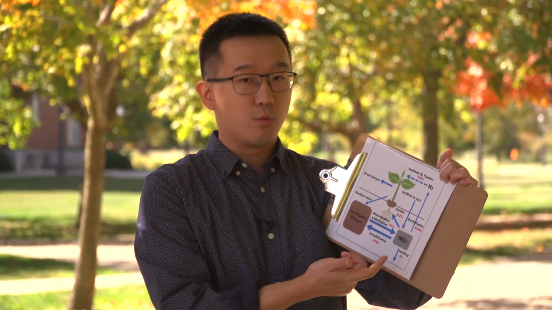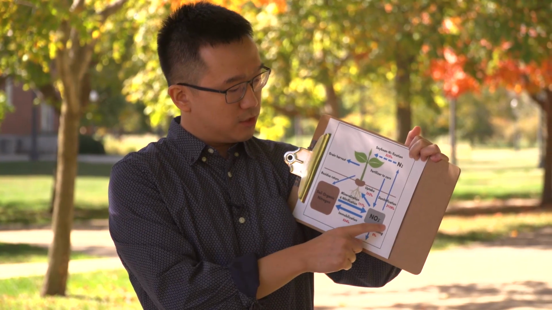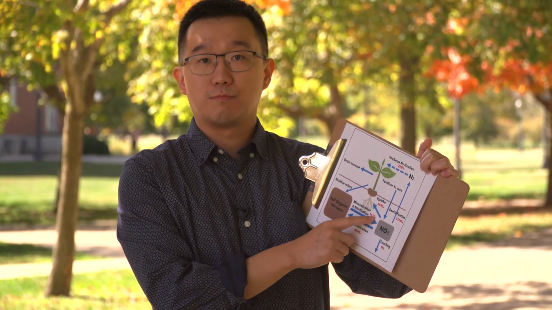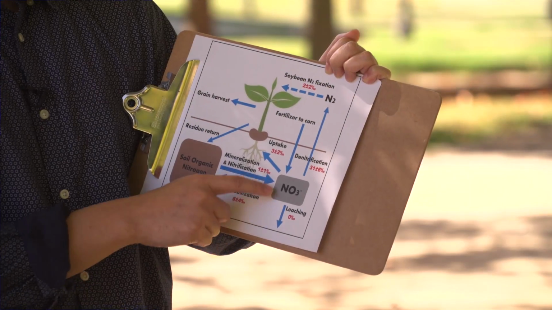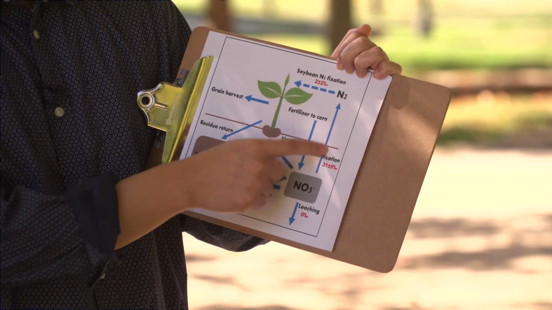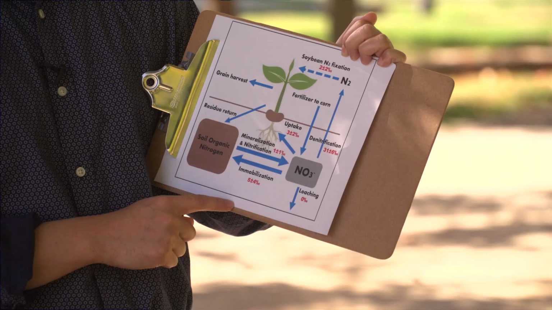But we also will use isotopes to look at the denitrification process, which basically converts nitrate to gaseous forms. In addition, we will look at the interactions between nitrogen and plants by looking at processes like nitrate uptake by corn and the return of biomass nitrogen back to soil.